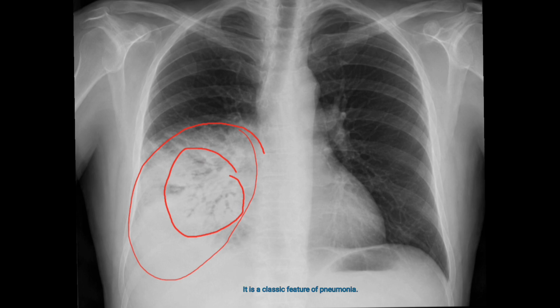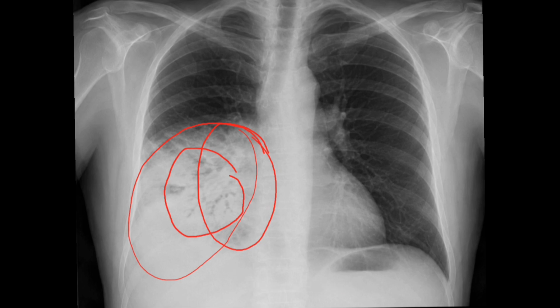Third feature is loss of normal borders, maybe the heart border or maybe the diaphragm margins. So if you can see the right heart border is absent in this X-ray, this is a classical sign, and this is called the Silhouette sign.